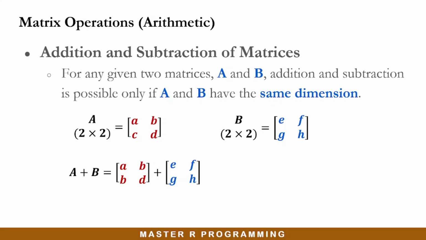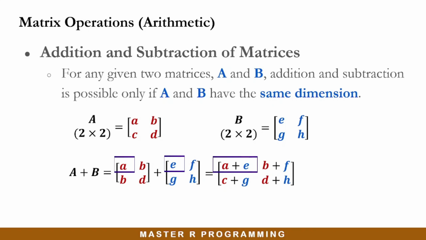A plus B simply means we are adding the two matrices, and the result is element by element operation in the corresponding positions of the two matrices. So A plus E would be performed, B plus F will be performed, so each element will be added to the other in the corresponding position.